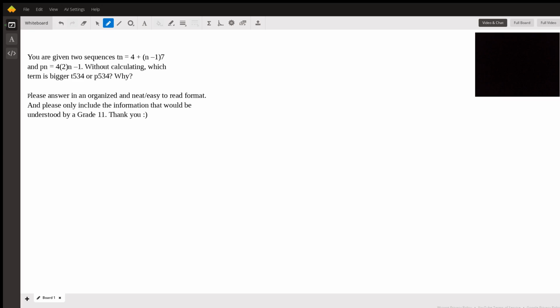So I'll take advantage of some colors here, and I'll use green for the T's, and then we'll use a different color for the P's. So let's begin by just writing it.